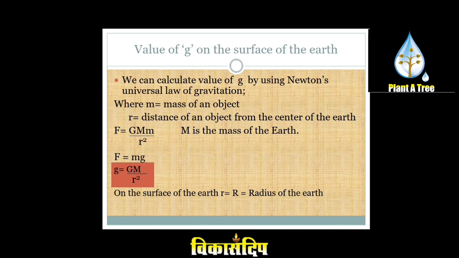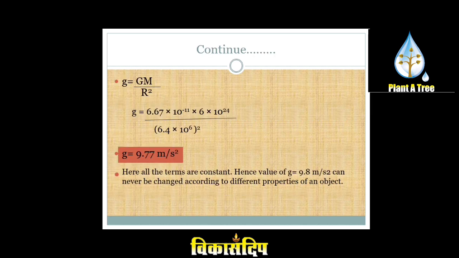Seeing equations 1 and 2, the forces are equal, so we can equate the right hand sides. Therefore small g is equal to capital G capital M divided by r square. On the surface of the earth, r is capital R, the radius of the earth, hence small g is equal to capital G capital M divided by capital R square.